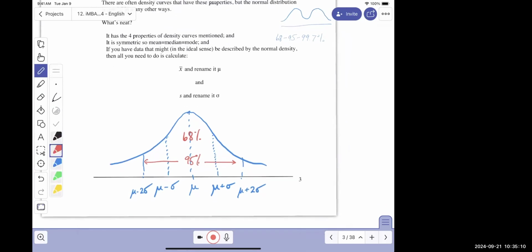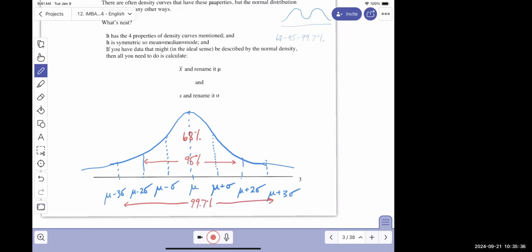And the data doesn't end there. You also have data outside, up to 3 standard deviations and even beyond. Within 3 standard deviations, you have practically all the data, but not all of it. You have a remainder here because it's 99.7, that leaves how much on each tail, each side?